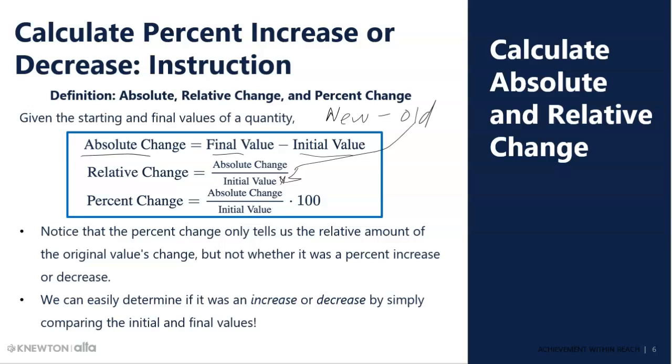So once you have the percent, it doesn't tell you what the absolute change was, but we can work this backwards, and we will. You can tell it was an increase if the percent change is positive, because percent changes can be negative. This absolute change can be negative. So that is how you do that. These instructions are important.